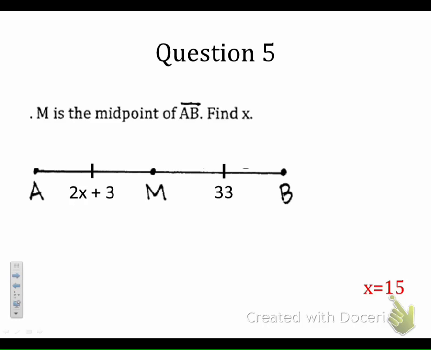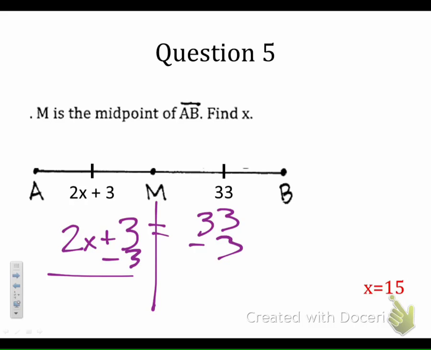We typically see the degree symbol if we're looking for 180. And in these, I don't have a degree symbol. So I had to set these equal to each other, set up the line of equality, subtract 3, and divide by 2. Taking 30 divided by 2, that's how we get x to be 15. So the next problem.